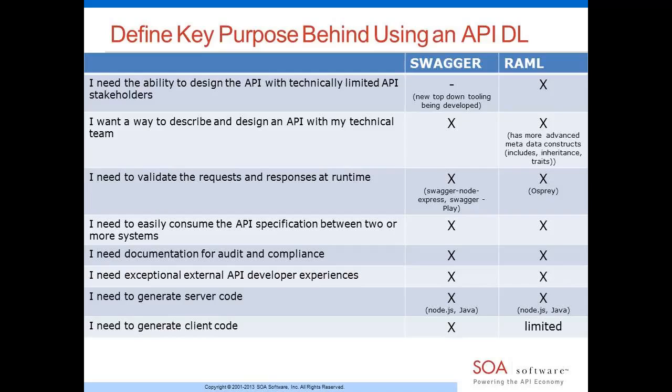So for example, one of the reasons is I need the ability to design the API with technically limited API stakeholders. They have to be somewhat technical, but they might not know Node.js or RESTful web services or any of that. They might not even know what you're going to implement it in, right?